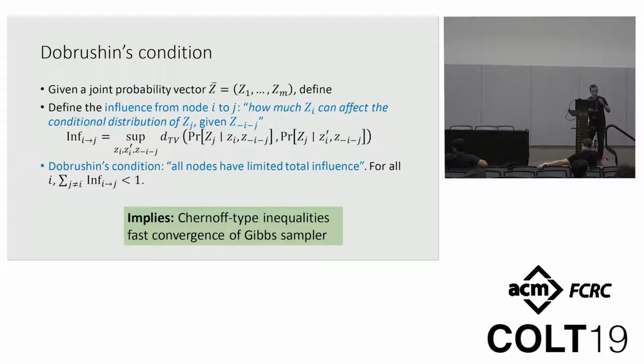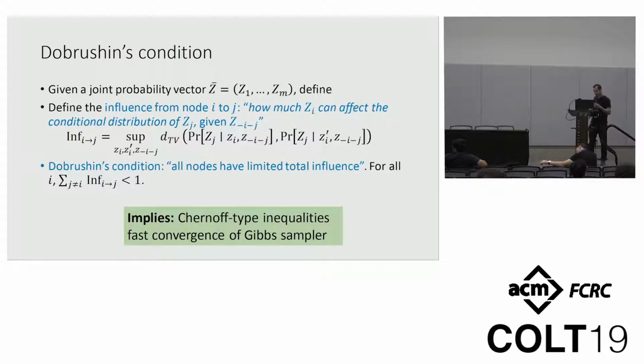The influence between node i and node j will roughly be the extent to which the value of Zi can affect the conditional distribution of Zj. The larger the influence is, the more the nodes influence each other. And the Dobrushin's condition states that each node has a bounded total influence, so no node can have too much influence on the others.